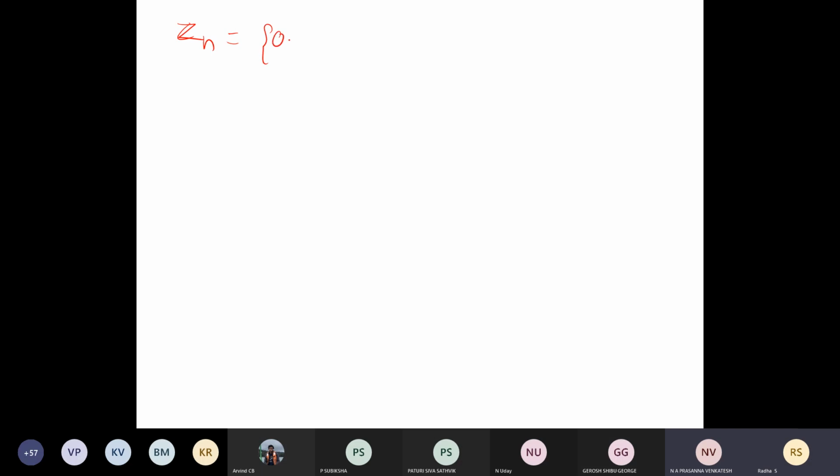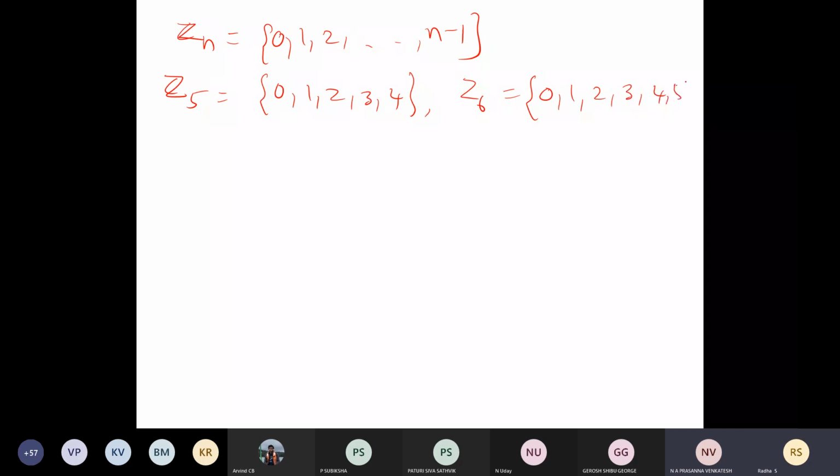So Zn has 0, 1, 2, 3, up to n minus 1. Z5 will have 0, 1, 2, 3, 4. Z6 will have 0, 1, 2, 3, 4, 5. I think you understand what this Z5, Z6 and all are. Clear? This part is clear?